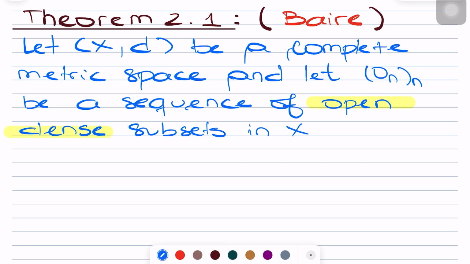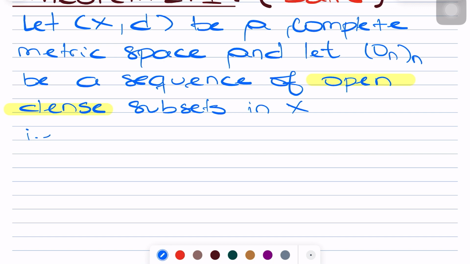So this means that for every n in N, the closure of O_n is equal to X.